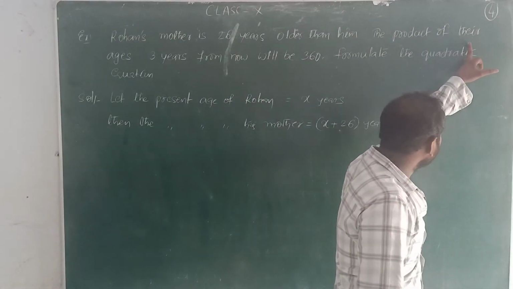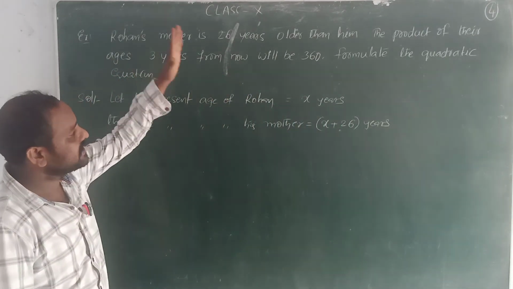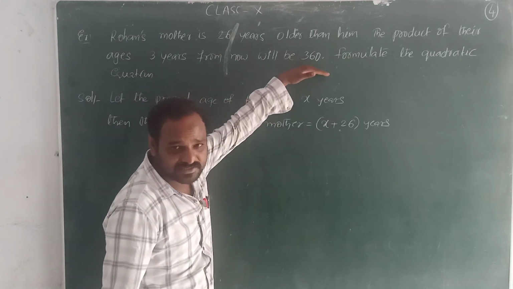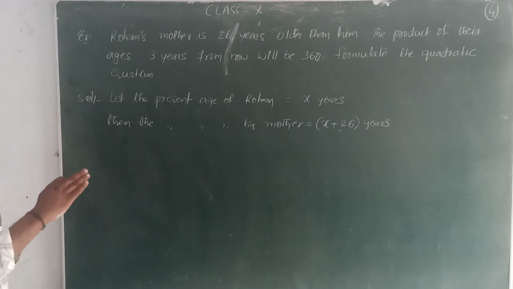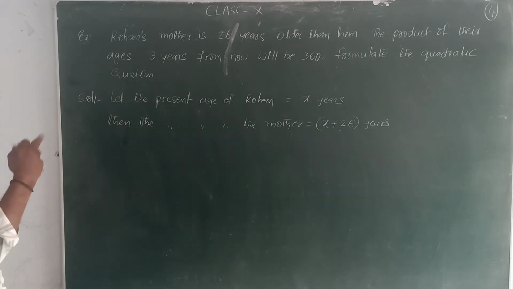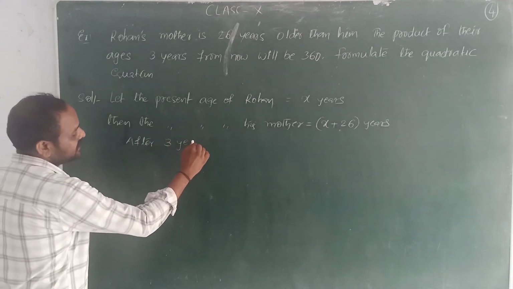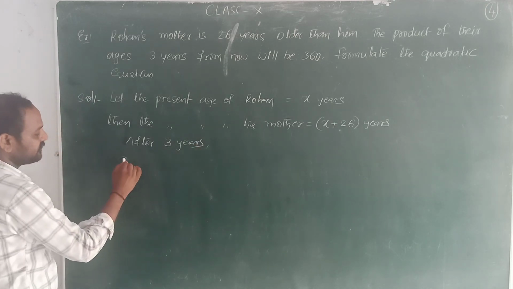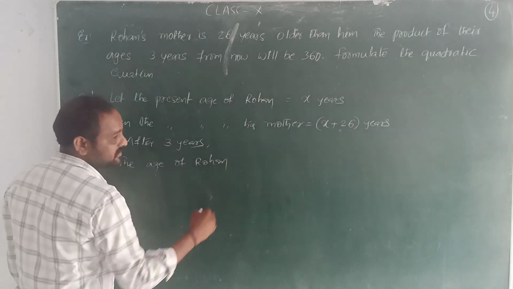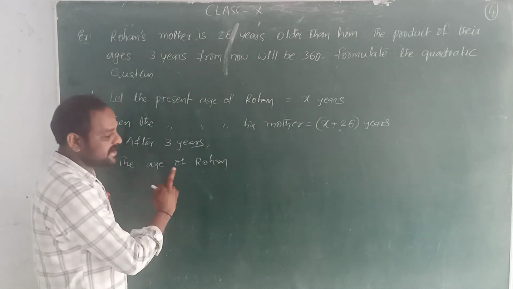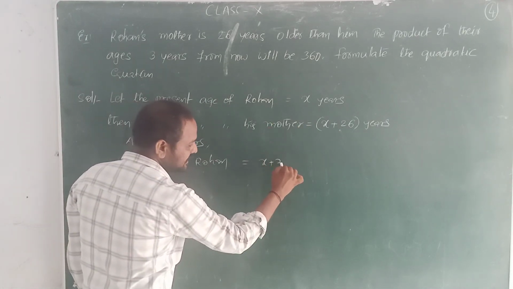But here what happened? The product of their ages 3 years from now. That means after 3 years, the product of their ages is how much? 360. Did you understand? So first we need to find out the ages of them after 3 years. So after 3 years, the age of Rohan becomes what? X plus 3 years.